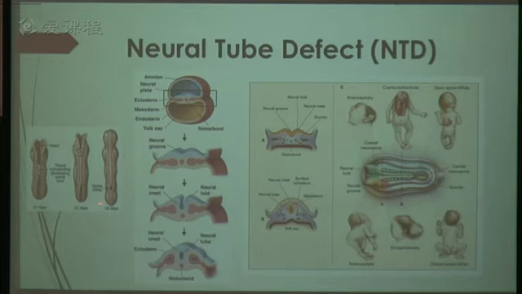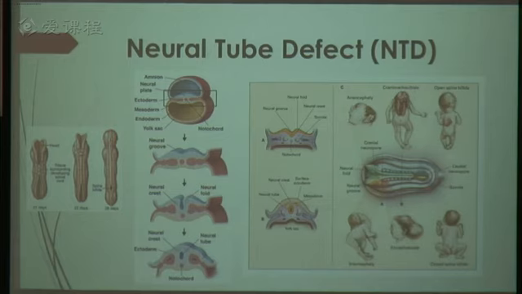This tube is very important because it's the foundation of our central nervous system, or CNS. The neural tube will develop into the brain in the upper part, the spine in the middle part, and the lower part. The upper part will develop into the head.